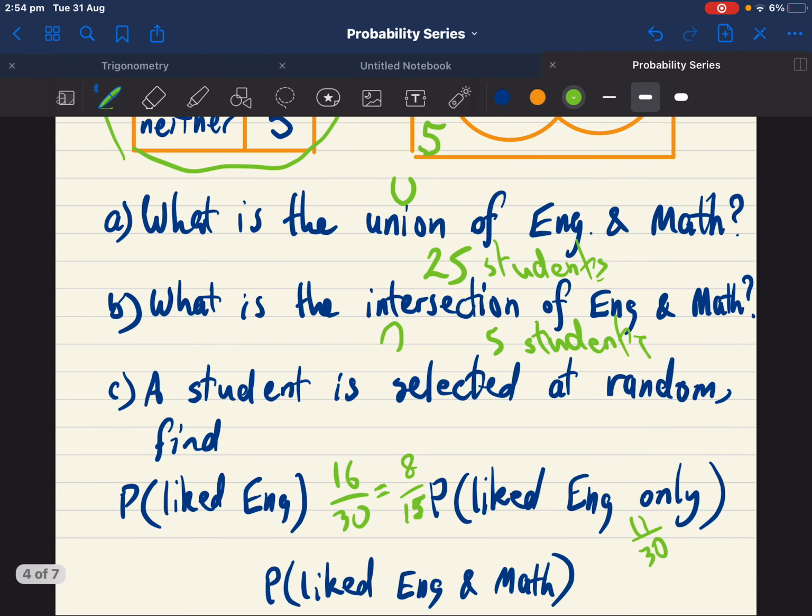If you were to apply the same thing to this one down the bottom, what's the probability a person liked English and math? If you put that line above, it now reads, what's the probability that they didn't like English and math? So again, you're talking about the opposite of what was originally stated before the line was added.